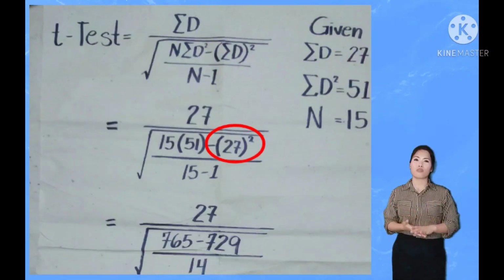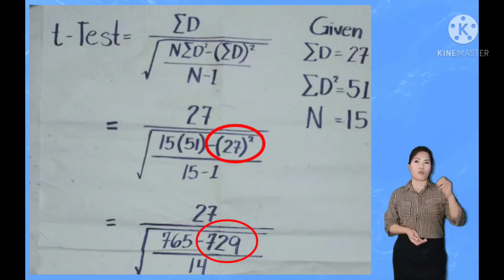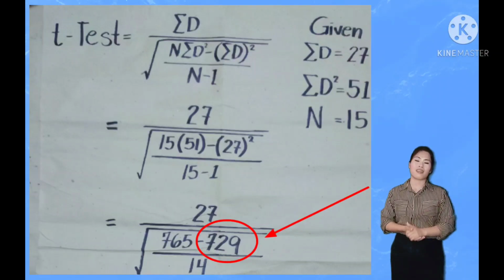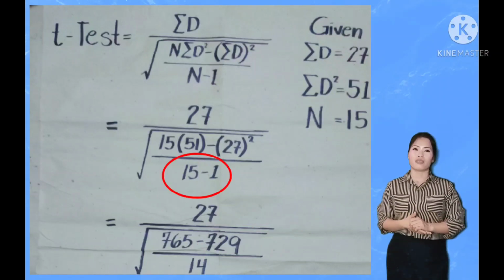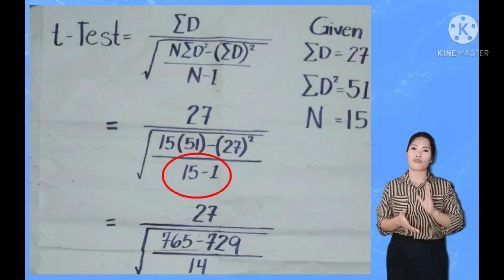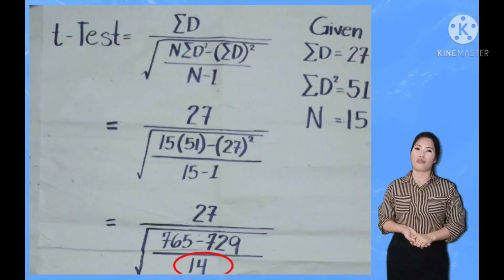You can use your calculator or cell phone to get 27 squared. 27 squared is 729, so that is why we put here 729. And now let us subtract 1 from the number of cases, which is 15. So 15 minus 1 is equal to 14.